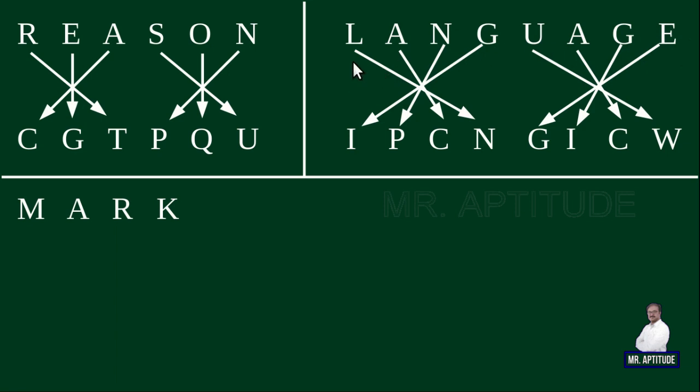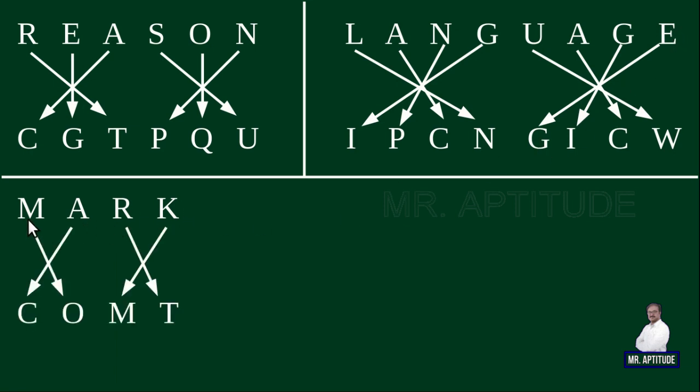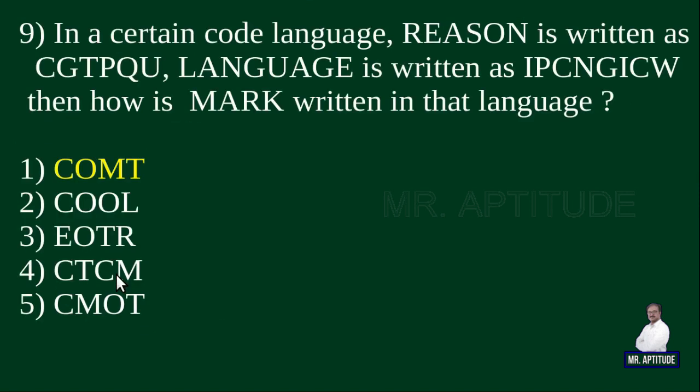So as far as the first set is concerned, L plus 2 is N, A plus 2 is C, N plus 2 is P, G plus 2 is I. Here, U plus 2 is W, A plus 2 is C, G plus 2 is I, E plus 2 is G. So here, your answer will be M plus 2 is O, A plus 2 is C, R plus 2 is T, K plus 2 is M. And it's option number 1.